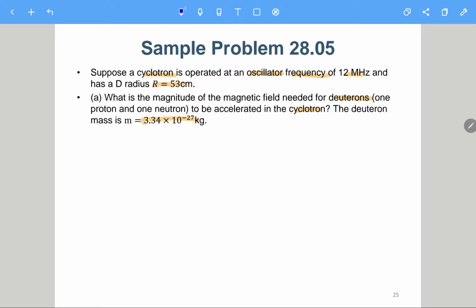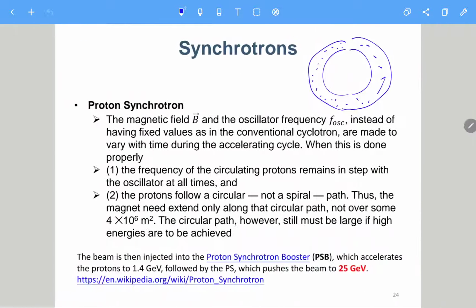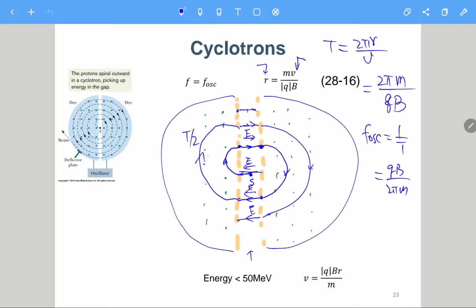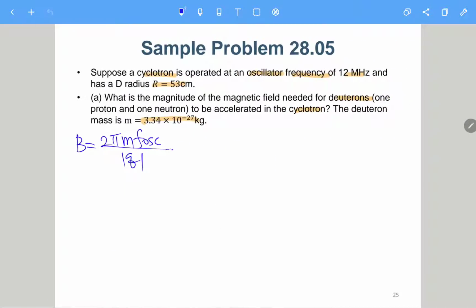So here, for part A, we have B equals 2 pi m f_osc over q. Because here we have the expression like this, we just move all the terms to the left side except B, so that we can have B like this, and we can plug in all the values.